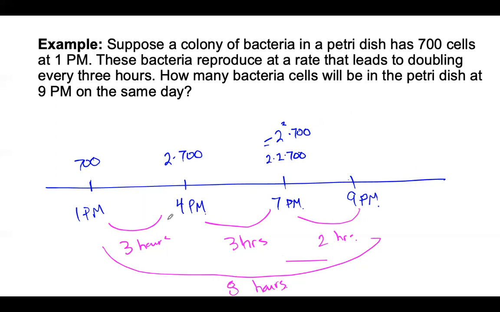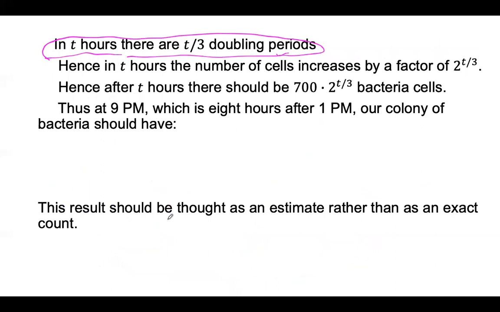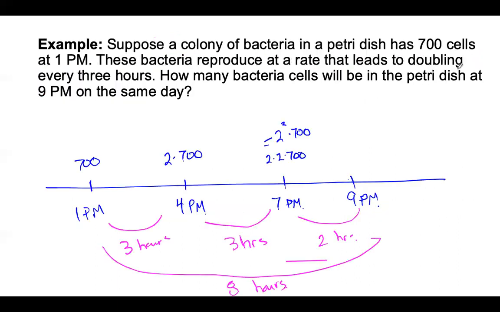So every 3 hours. You can kind of see it by analyzing the picture. So the number of cells increased by this factor is 2 to the exponent T divided by 3, because that's what's happening in the picture. It's 2 to this exponent.